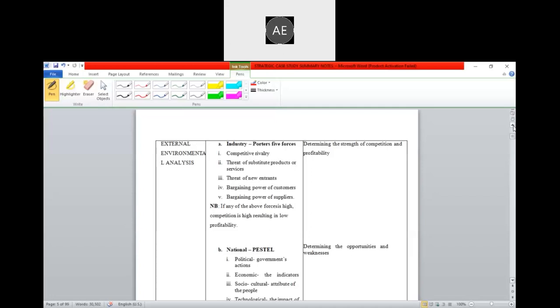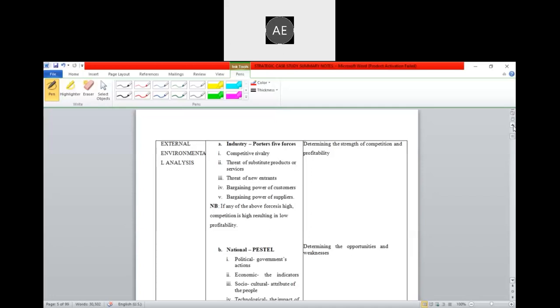So when we say we want to undertake external environmental analysis, in effect, we want to identify the opportunities that are available for the organization and the threats that prevent the organization from achieving its objective.